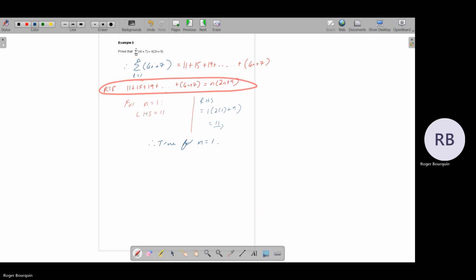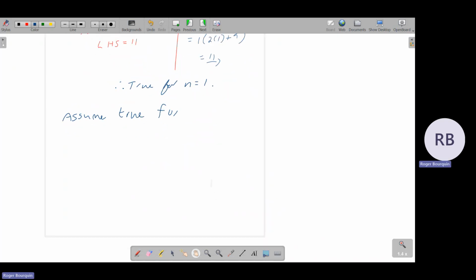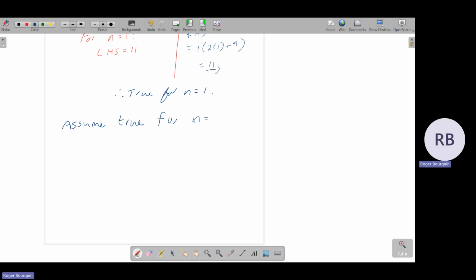Next, we make an assumption that one of the dominoes randomly can fall over. So we assume it's true for n is equal to k, where k is what type of number? Right, now go write down your assumption in math.